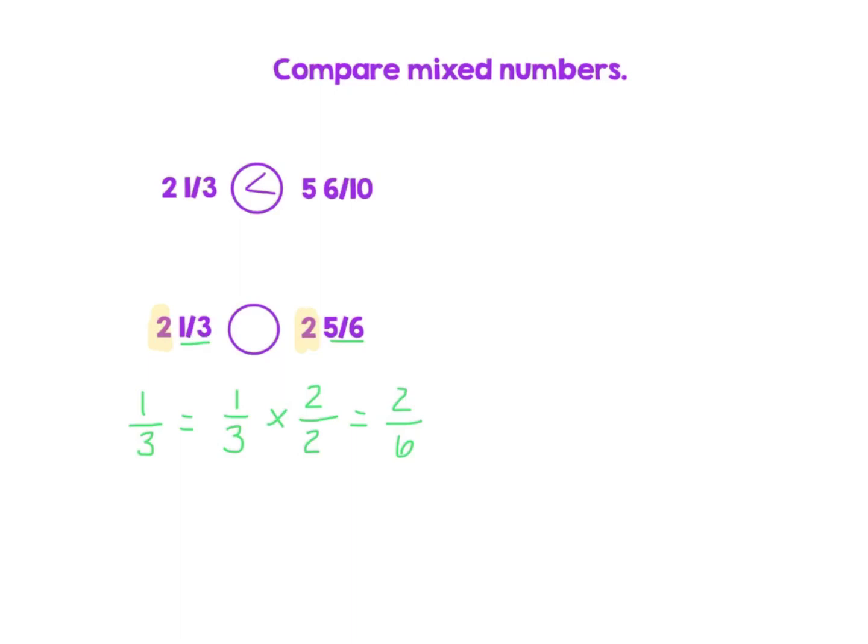So my new comparison can be 2 and 2/6 compared to 2 and 5/6. And now it's easy for me to see that 2 and 5/6 is definitely greater than 2 and 2/6.